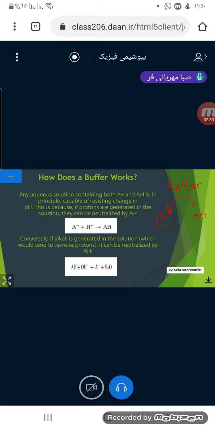So when we have, please listen to me carefully, when some protons are generated, and the protons generated want to change the pH of the solution, A minus acts and neutralizes all protons. So A minus can neutralize protons.